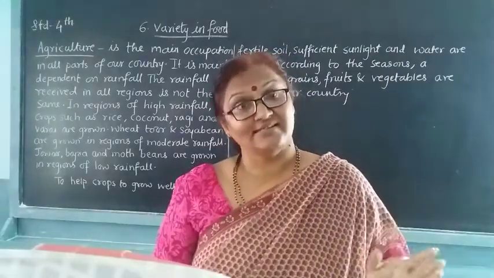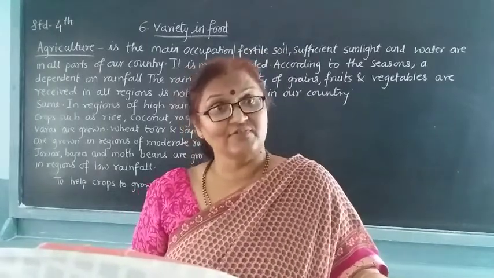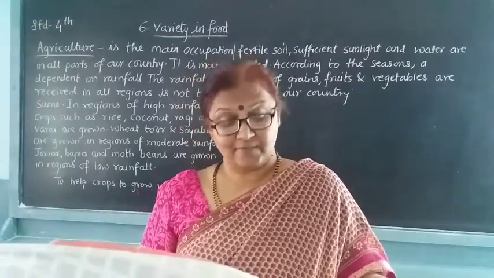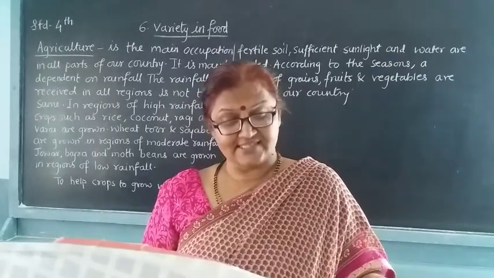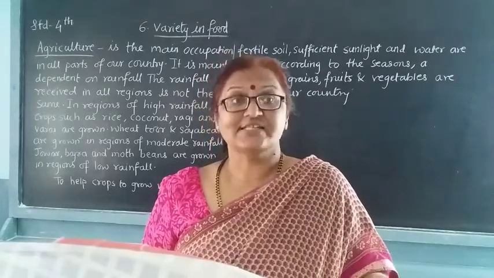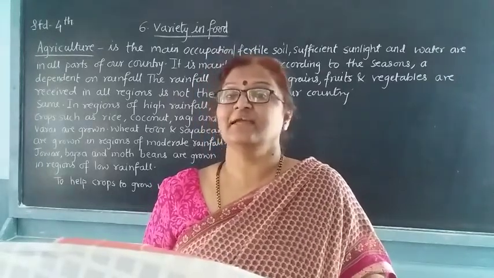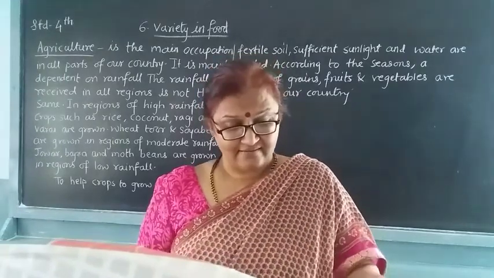These are the various dishes of rice. But the main ingredient used here is rice itself. Note that there is a diversity in the food items. We see the variety of food items made from rice, but the main ingredient used here is nothing but rice.